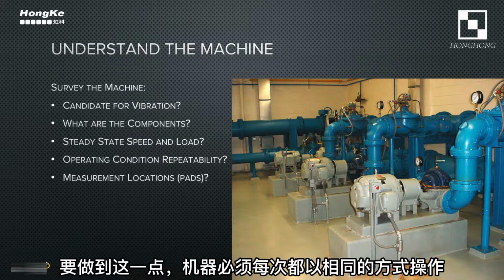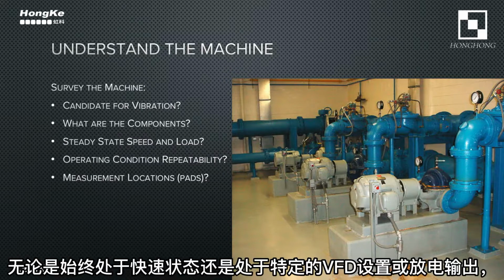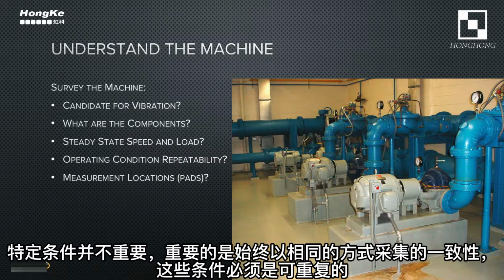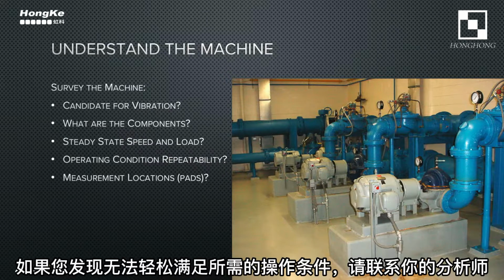To perform this, the machine must be operating the same way each time, be it always on fast speed or at a specific VFD setting or a discharge output. The specific conditions aren't important, but the consistency of always collecting in the same way is. These conditions must be repeatable. If you find that you cannot easily meet the operating conditions required, please contact your analyst.